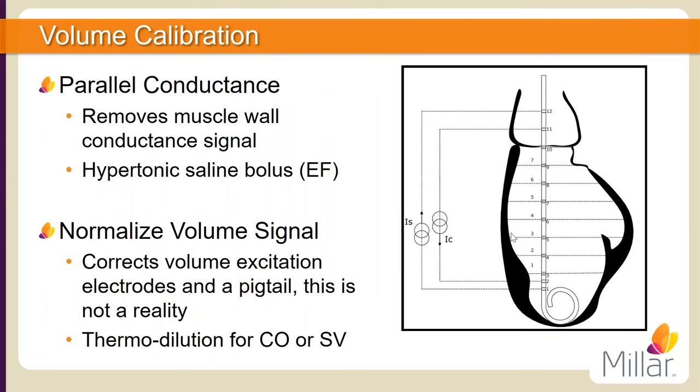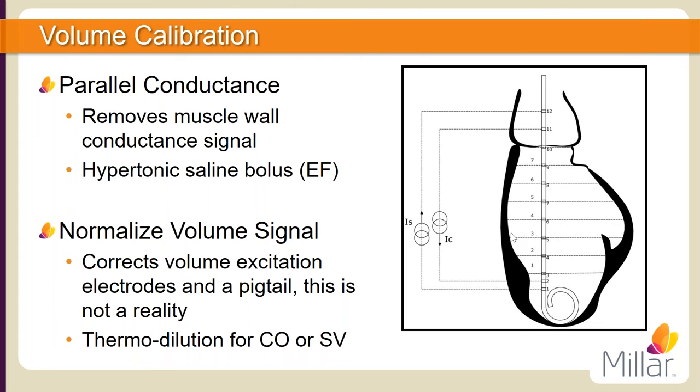Now that we understand how to relate conductance to volume, let's discuss why we must consider calibrating the volume signal obtained via PV catheter. As discussed previously, the local electric field created by the distal and proximal electrodes not only captures the voltage potential of the blood, but also that in the muscle wall. We call this parallel conductance.